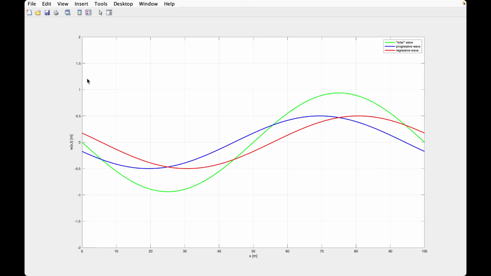But the wavelength of that is not L, it is 2L, all right? Because it's clear, the full wavelength is this one. So the wavelength of this sinusoidal shape is 2L.